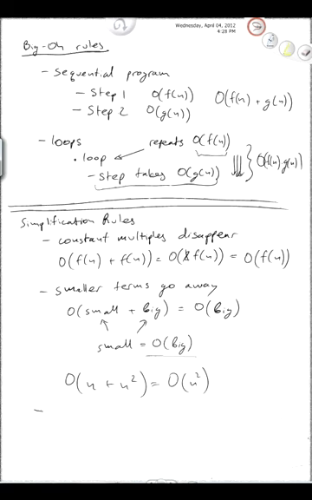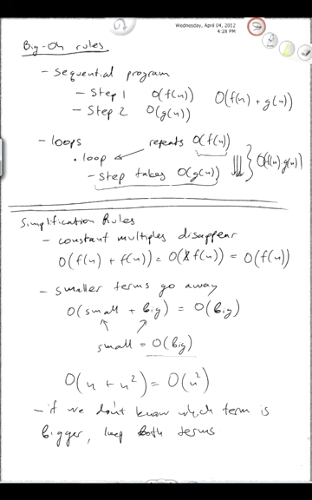And the third rule is also pretty direct, which is that if we don't know which term is bigger, keep both terms.